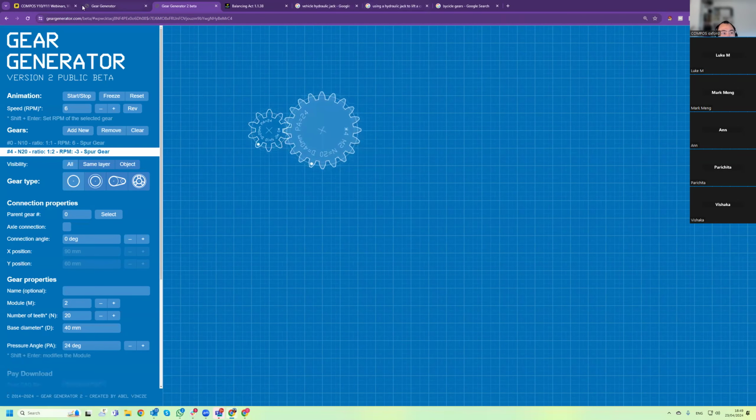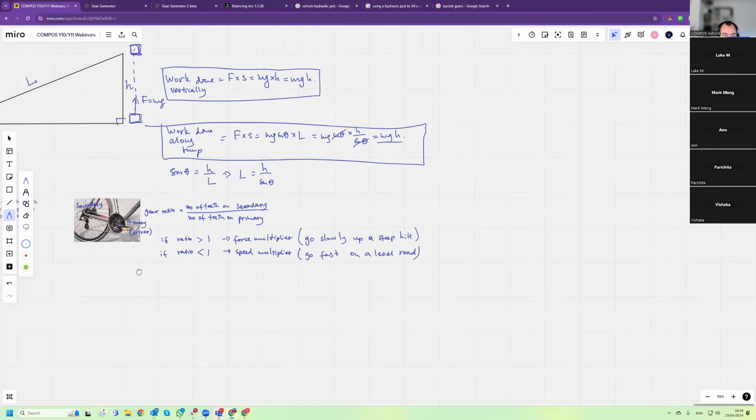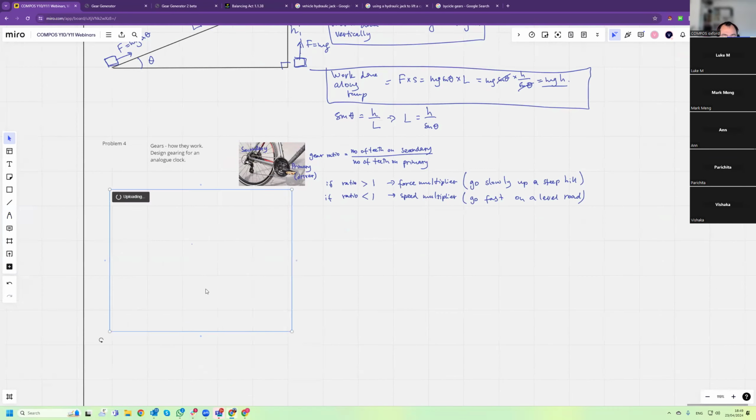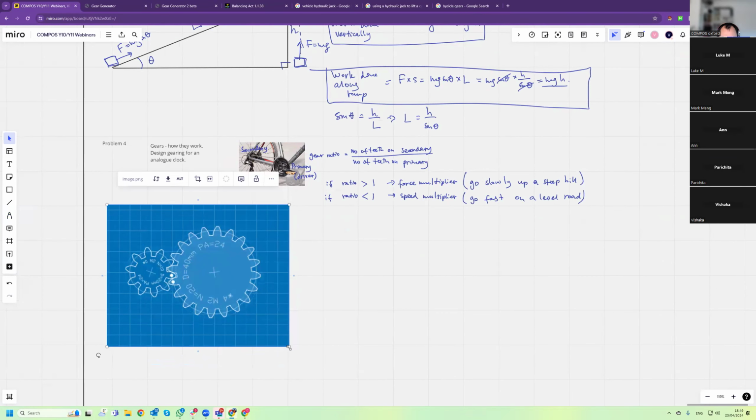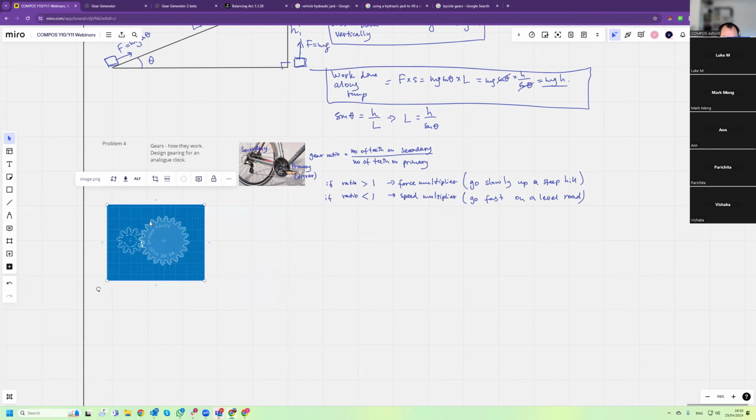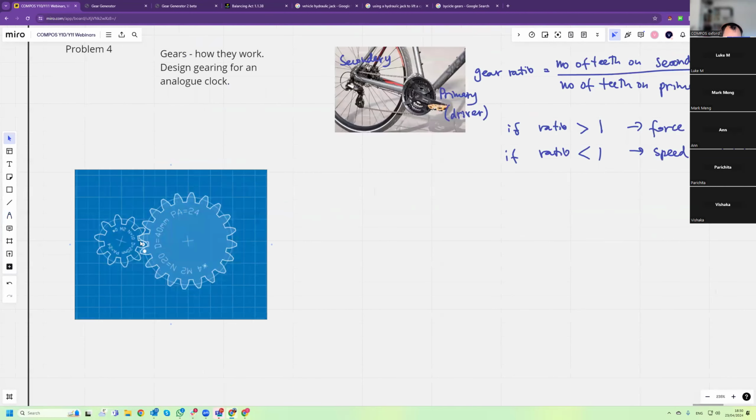So let's have a look. This is the driver, and this is the driven gear. This is 10 teeth, this is 20 teeth.